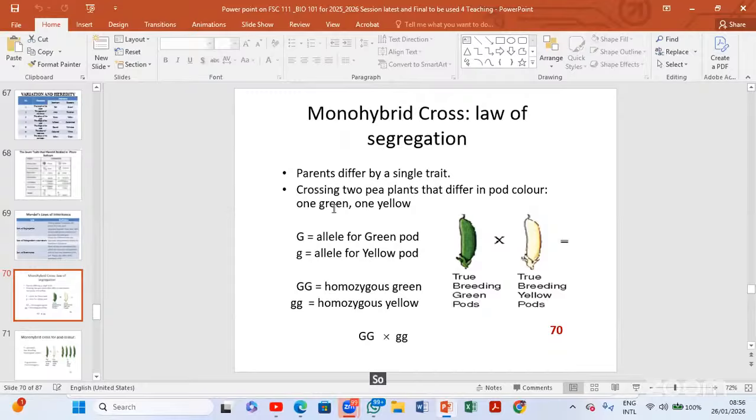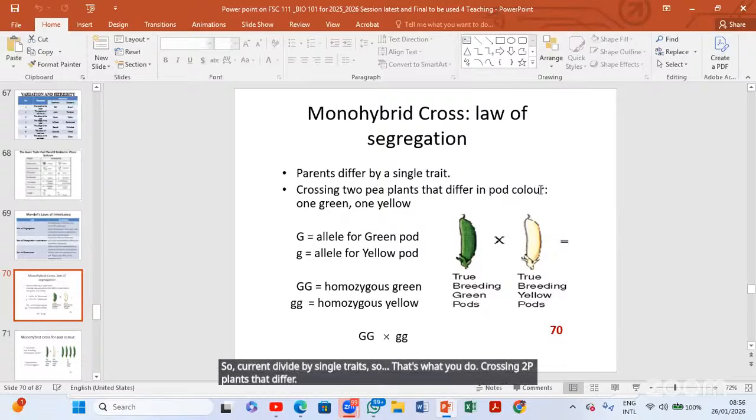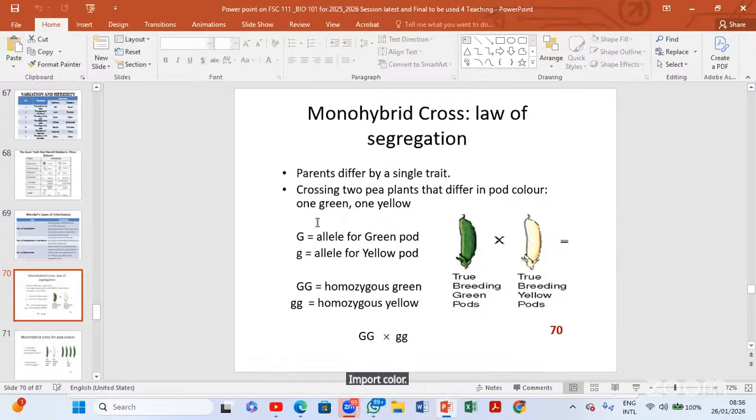So parents differ by a single trait. So that's what you do, crossing two pea plants that differ in pod color. So the trait is the color of the pod of the fruit. You notice that some pods are green and some are yellow. So you now cross two pea plants, one having a green pod and the other having a yellow pod.